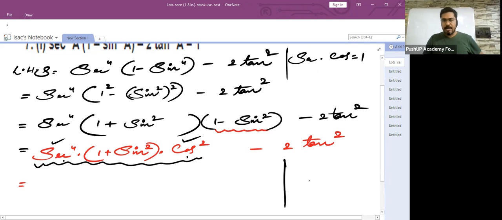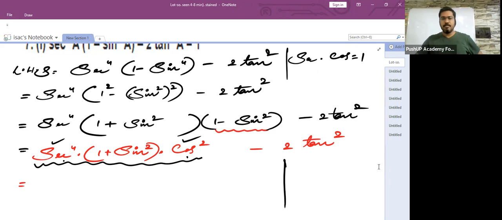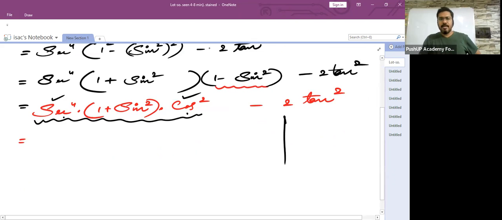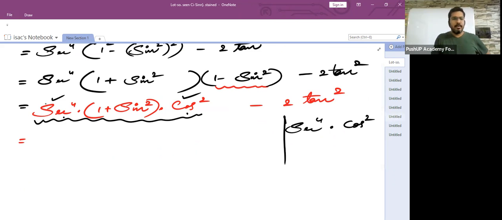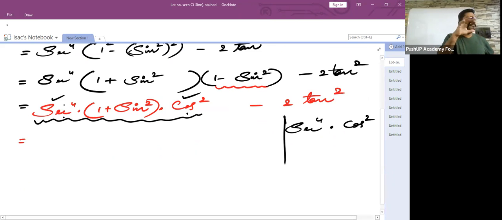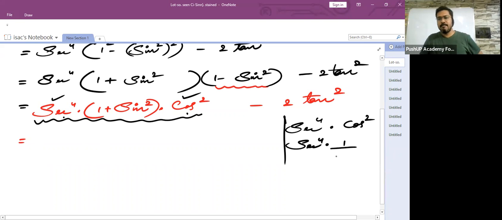I will do that rough calculation here and show you. Children, you are having sec raised to 4 multiplied by cos raised to 2. Okay, I'm just bringing sec raised to 4 and cos raised to 2 together. Children, don't you feel cos square can be written as 1 upon sec square?